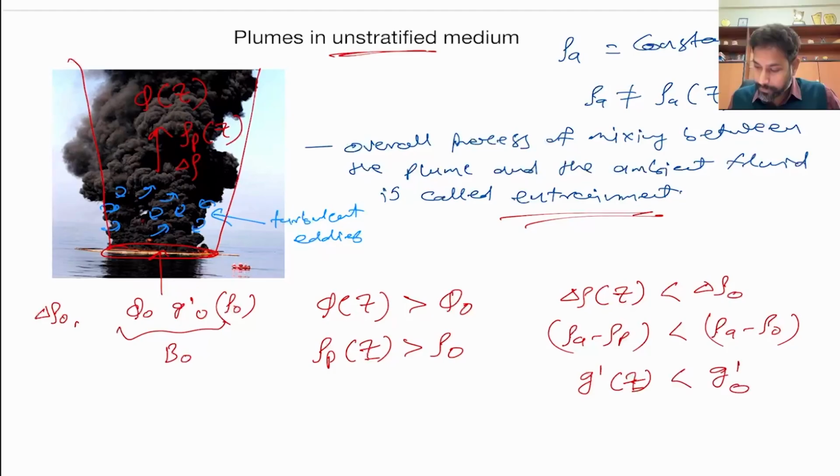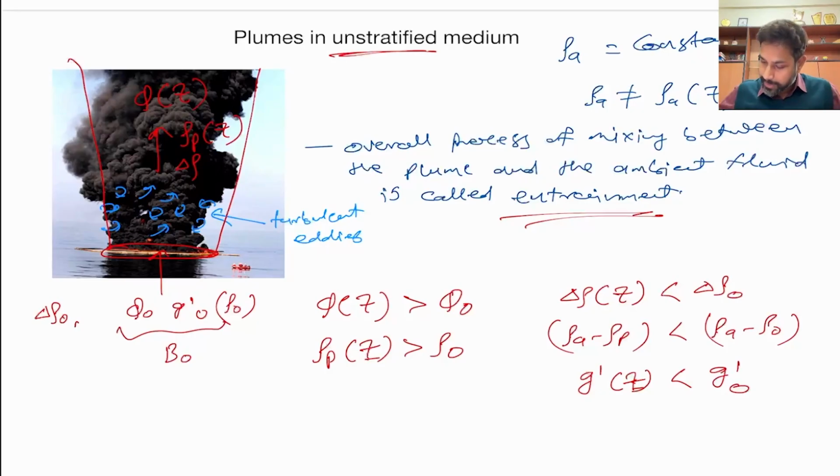Because of mixing, the density difference at different heights with respect to the ambient fluid decreases as you go up. In the beginning the density difference between the plume and the ambient was more, and as you rise up, because of mixing, it gets diluted, so delta rho decreases as we go up from the source.